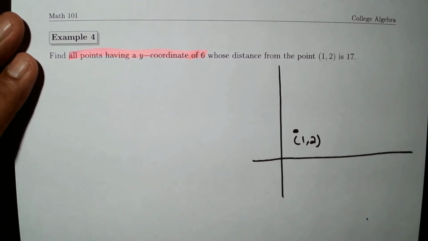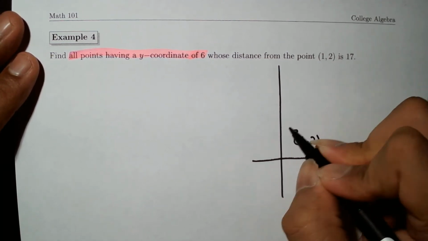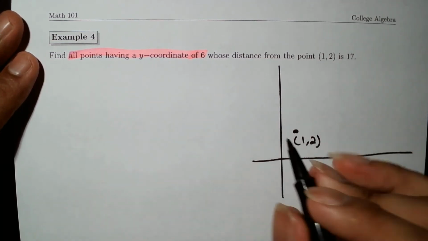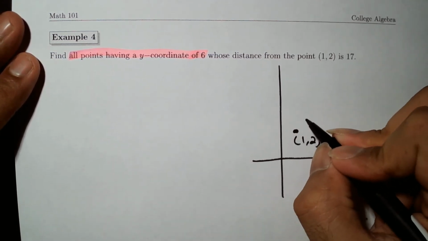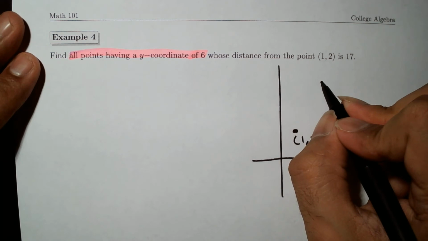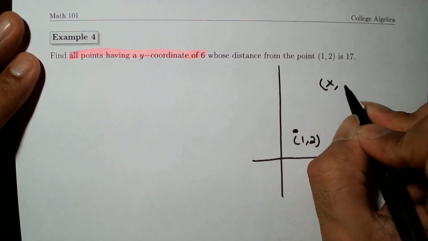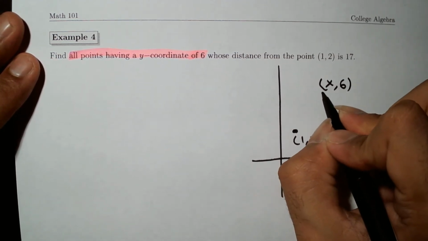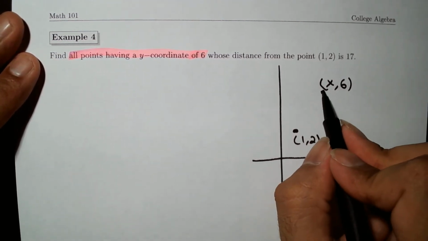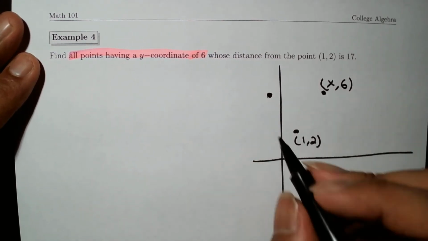Alright, now, we are going to move 17 units in a certain direction. It doesn't have to be perfect. It's just an estimation. So 17 units in a way that we get to the point (x, 6). This point right here. But also by symmetry we can get another.